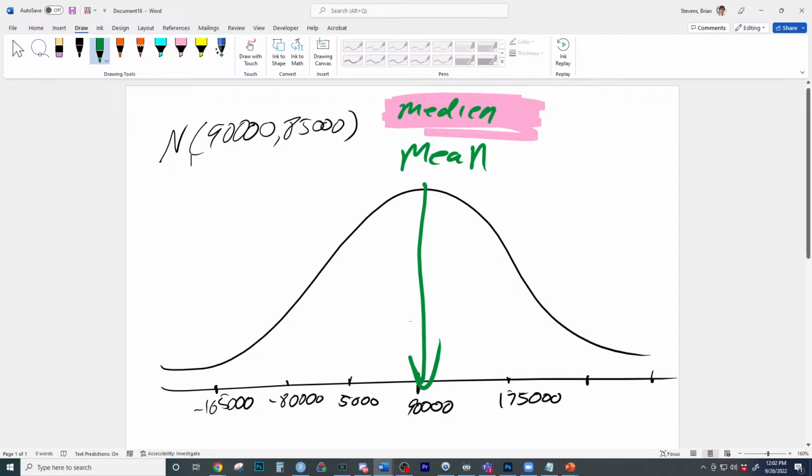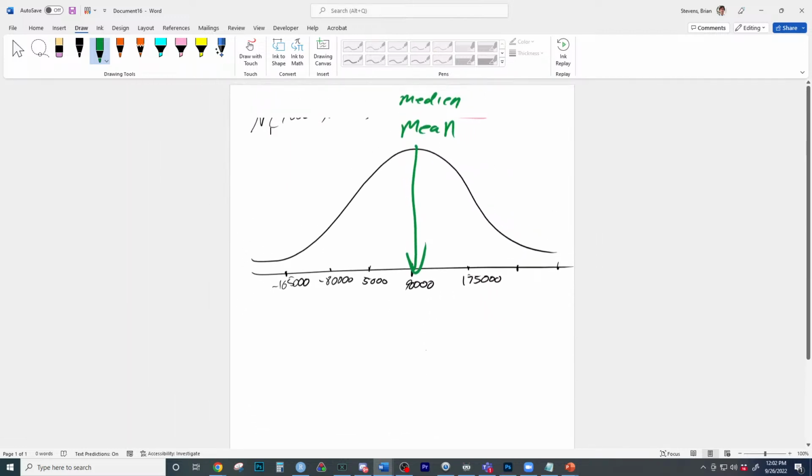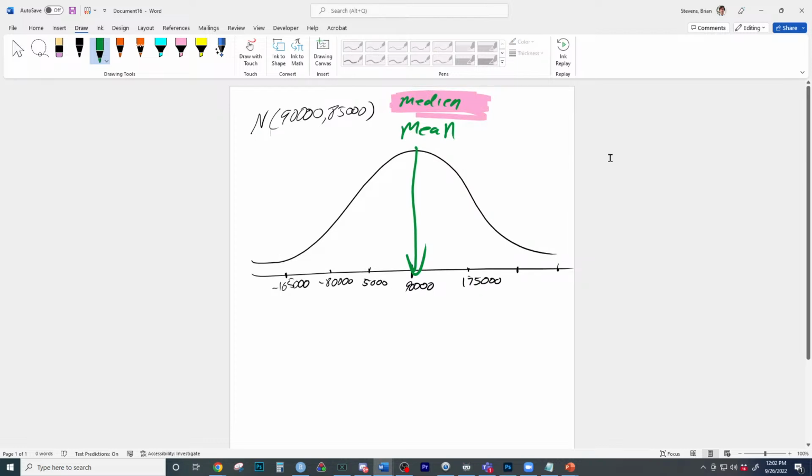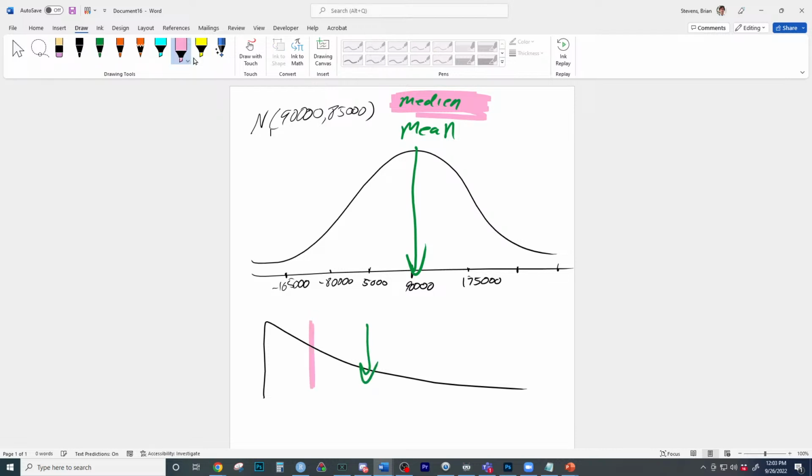Now, if the mean is higher, what would it mean to us? If the mean is higher than the median, so if the mean is over here and the median is over here, that means the data is what? Which I have drawn for you right here.